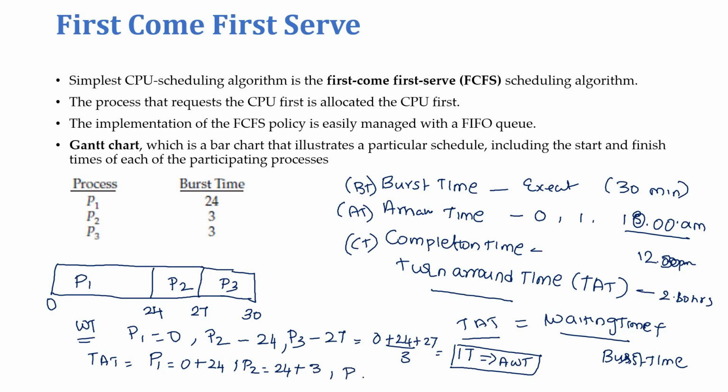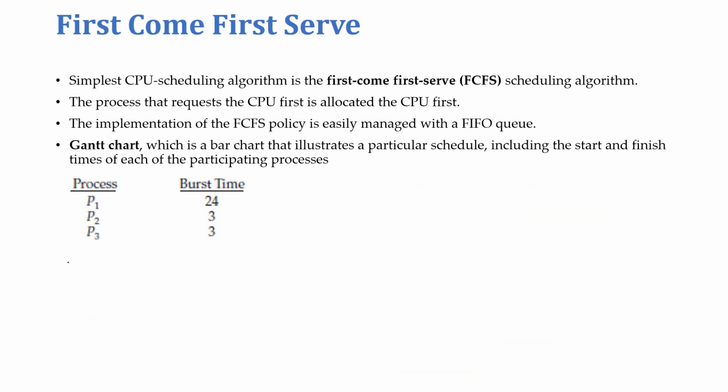For P3, 27 plus 3. So for P1, 24 plus 0 is 24 turnaround time. For P2, waiting time 24 plus burst time 3 is 27. And for P3, waiting time is 27 and burst time is 3, so 30.